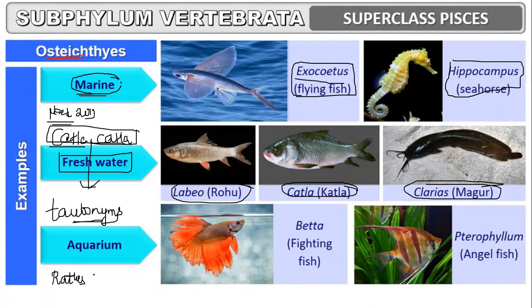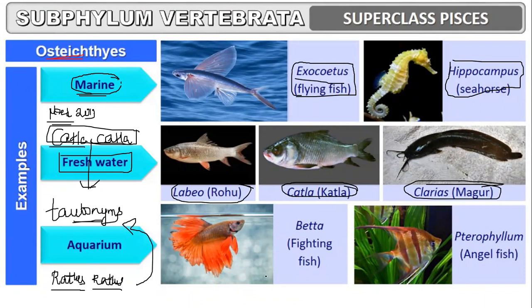The scientific term for rat is also genus and species term, both are the same. Rattus. This is also an example for tautonym. They can be asked in the examination. In Catla, both the genus and the species name are the same. Such kinds of binomial names are known as tautonyms. The examples are Catla, which is a freshwater Osteichthyes, and Rattus.